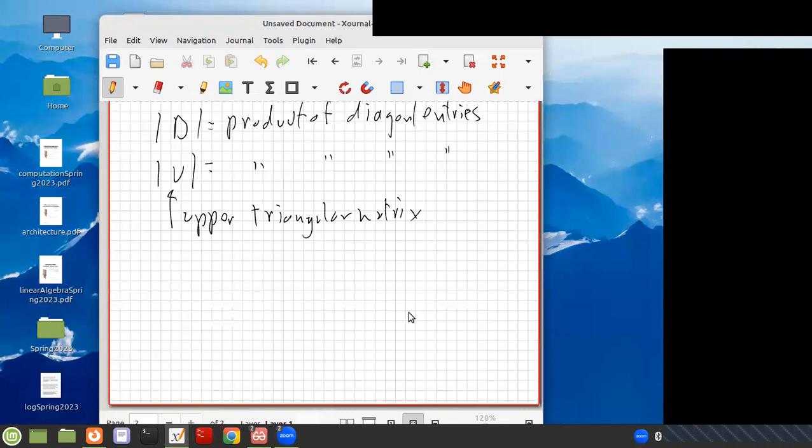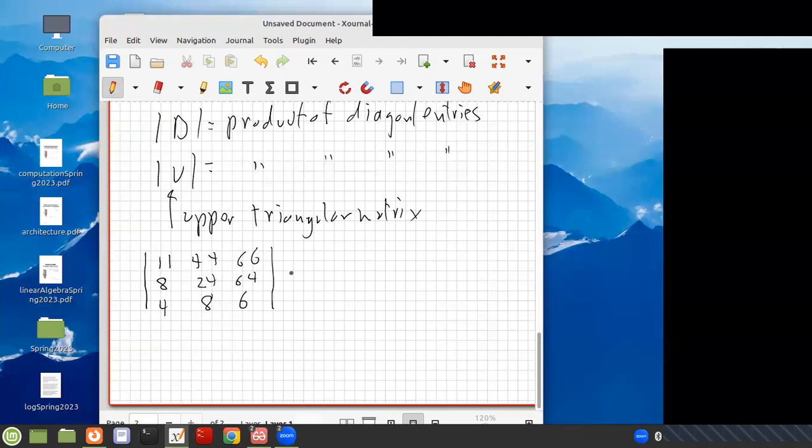Let's practice this with a matrix: 11, 44, 66, 8, 24, 64, 4, 8, 6.